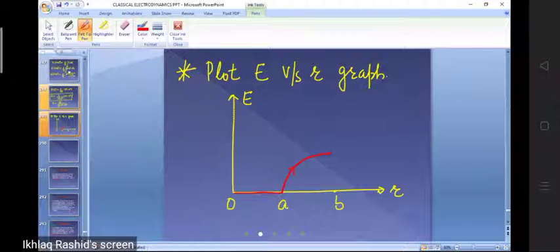Right? Then in region number 2, the electrostatic field is the same as that of a point charge, proportional to 1 divided by r square, which means the graph has to be a rectangular hyperbola.